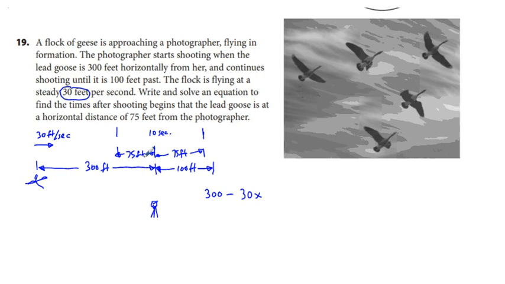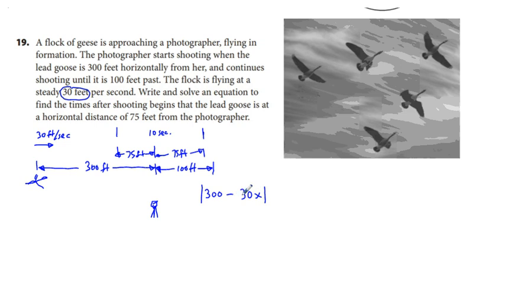Now, we can also account for the other side. As the lead goose flies past the photographer, we're going to have what amounts to an absolute value relationship, because this absolute value bracket will apply on the other side.